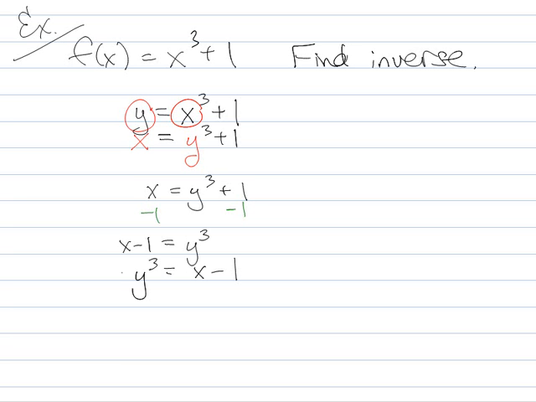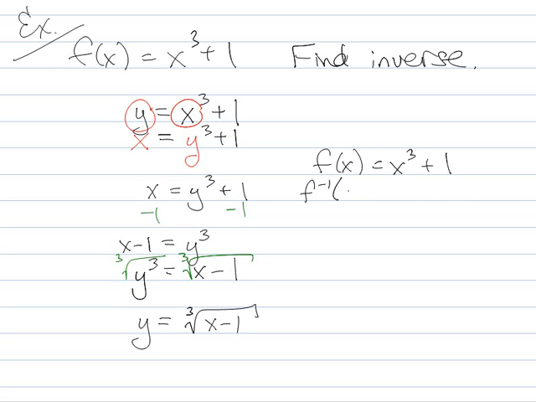And to do that, cube root both sides. Remember, I don't put a plus or minus because it's a cube root, not a square root. Cube root of x minus 1. So in fact, given f of x equals x cubed plus 1, f inverse of x is the cube root of x minus 1.